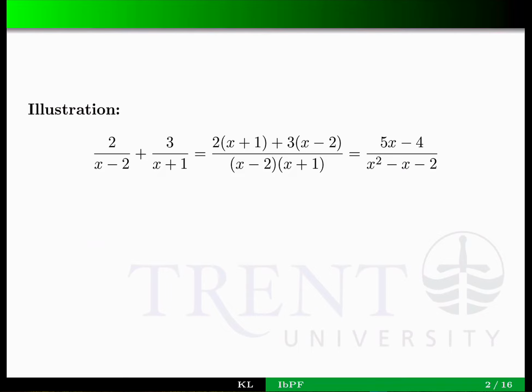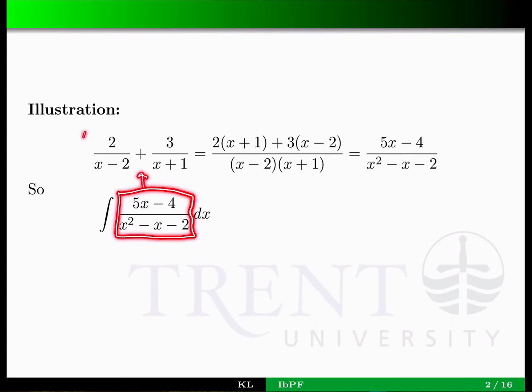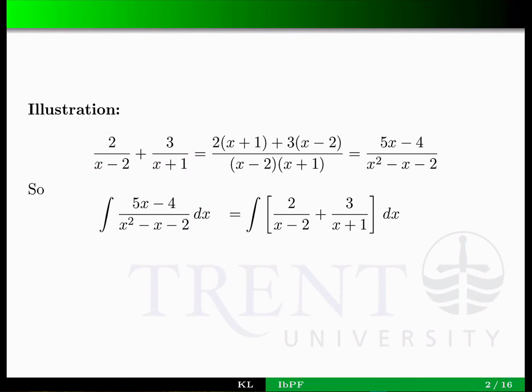Now, if we want to integrate this expression here, so we want the integral of 5x minus 4 over x squared minus x minus 2 dx. Since we know that this expression here is equal to this sum in here, then we can rewrite this integral to this integral.